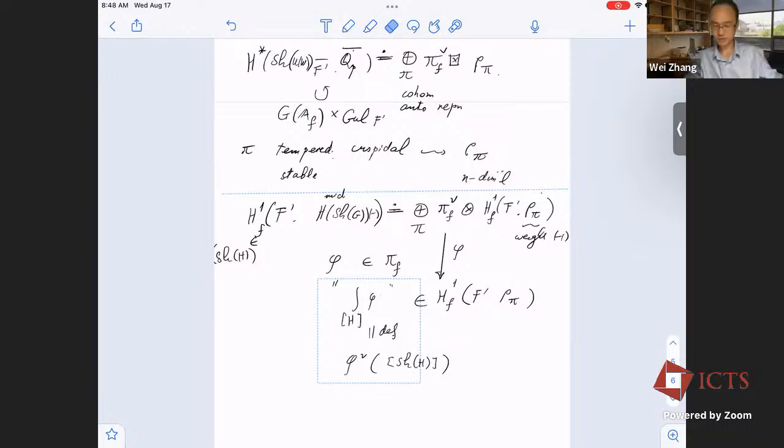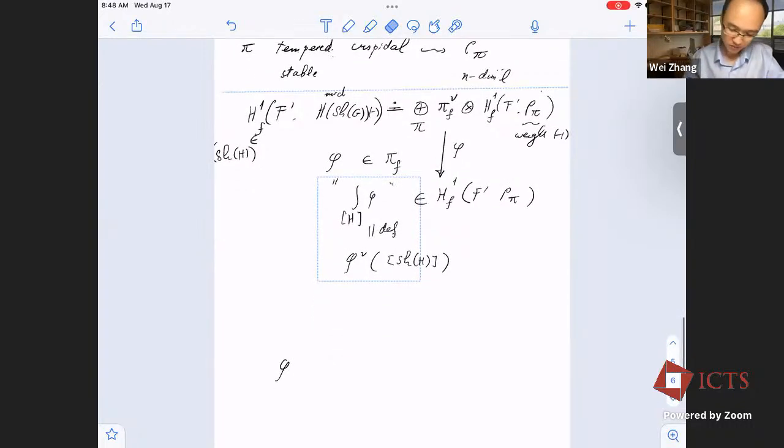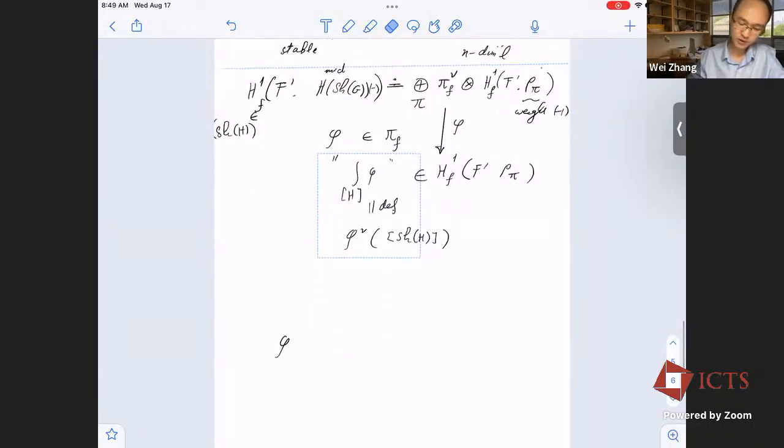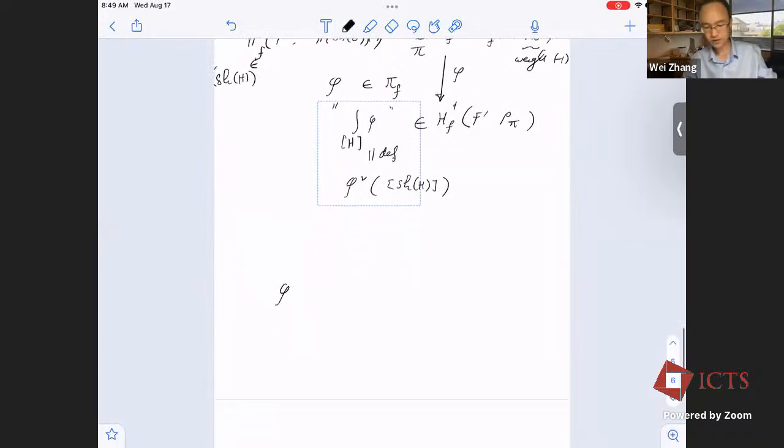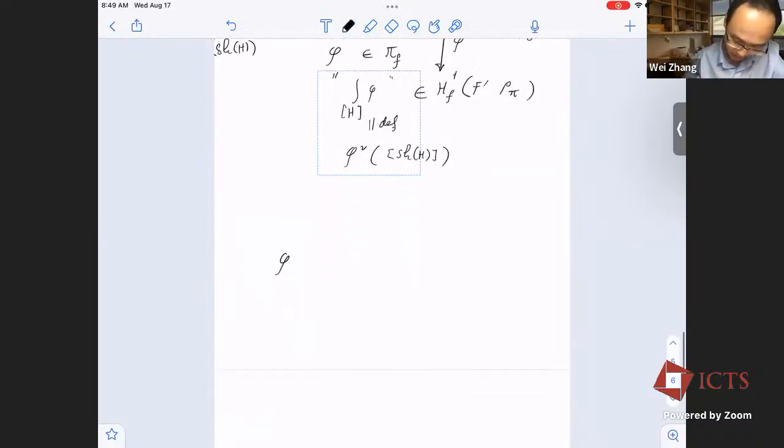This way actually makes it look more like the formulation we had for the Ichino-Ikeda formulation. So now I can consider this integral. Again, this is the class in the Selmer group. Then I put the p-adic height pairing. So this is in the dual Selmer group attached to the dual Galois representation.